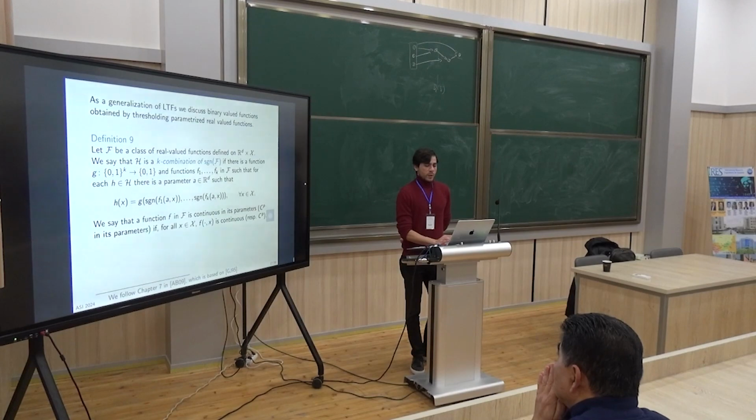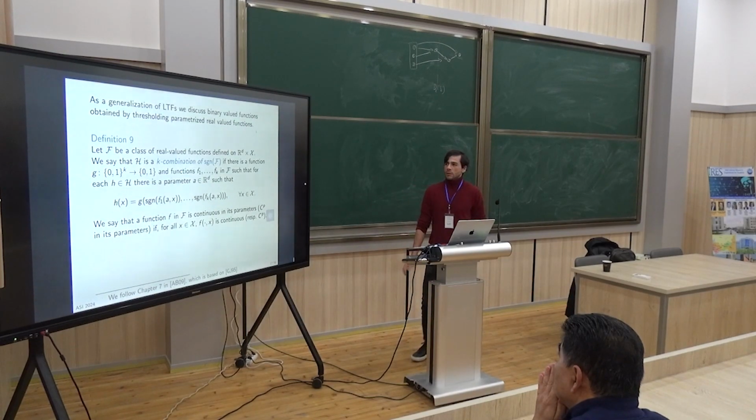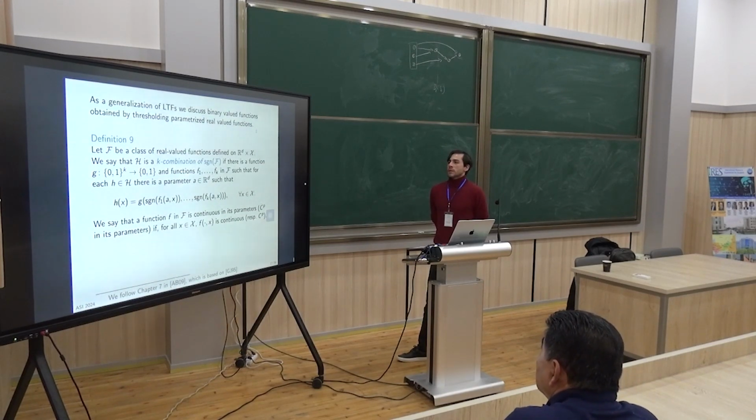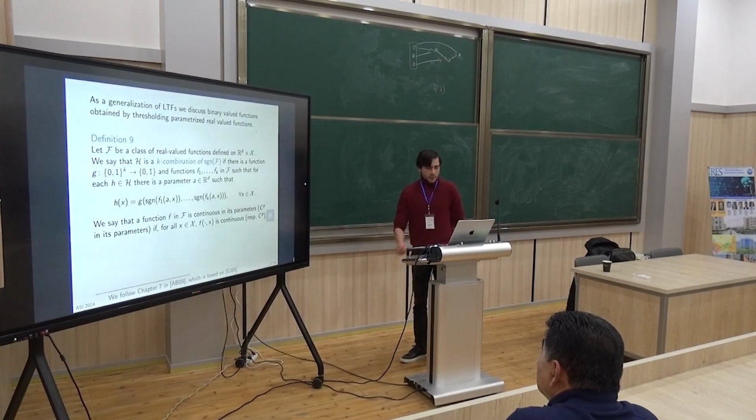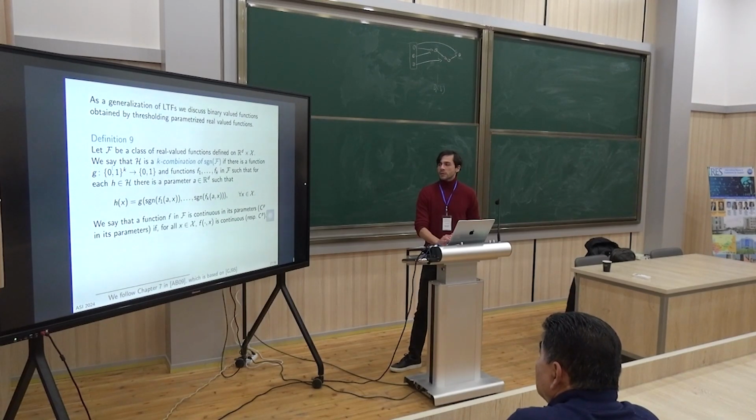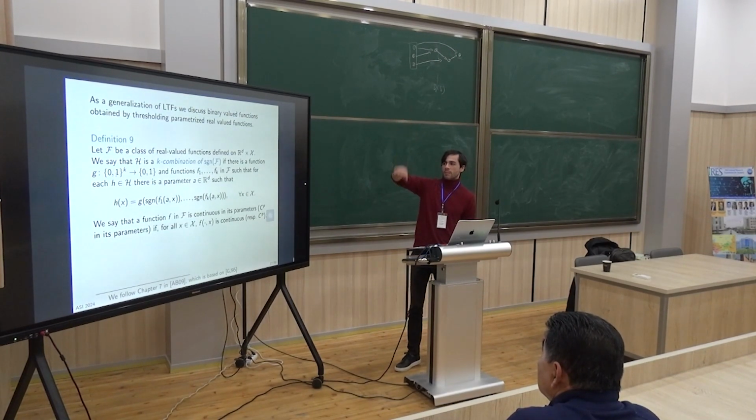For that, we can consider this particular class. It is called a K combination of signs of some function class F. And what is that going to be? We're going to take some binary function that maps from k binary values to 0, 1. Let's say we have some kind of a committee, and each of the committee members takes a vote, and then that pattern of votes we map to a final decision.